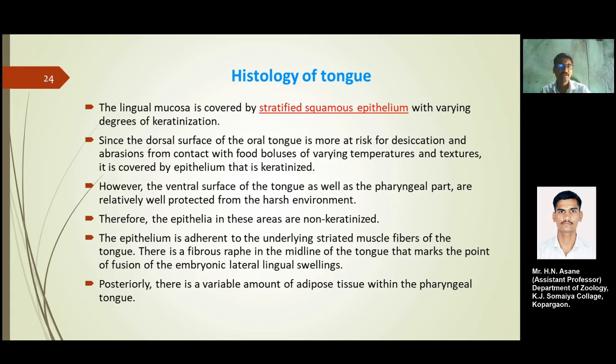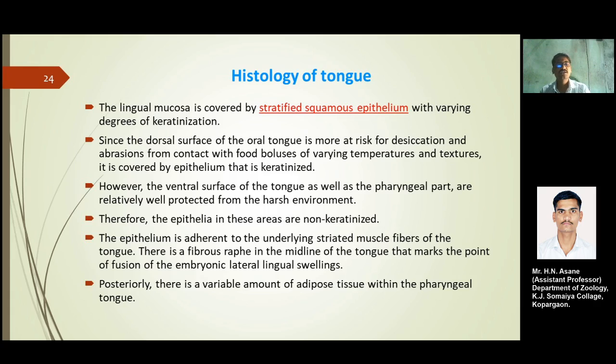Therefore the epithelia of the papillae have keratinized areas on the dorsal surface, while the epithelia in other areas are non-keratinized, with the epithelium adherent to the underlying striated muscle fibers of the tongue.